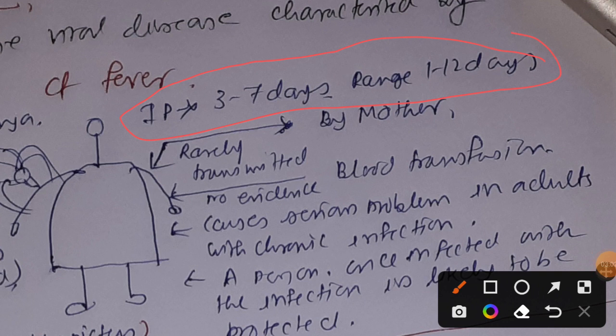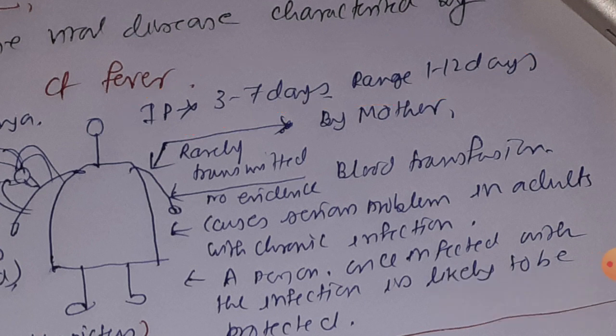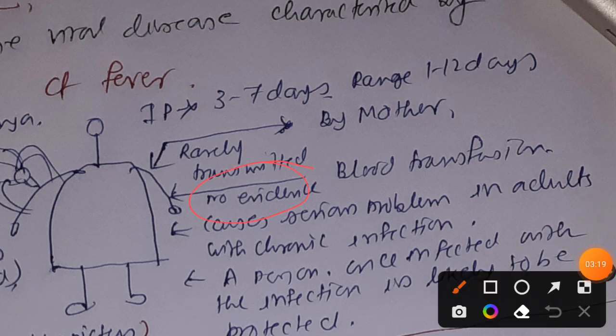Along with spreading by mosquito, we have seen in the case of malaria that it can also be transmitted via blood. Can chikungunya also be transmitted via blood? Theoretically it is possible, but there is no such evidence recorded until now.